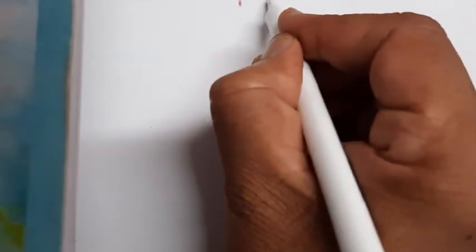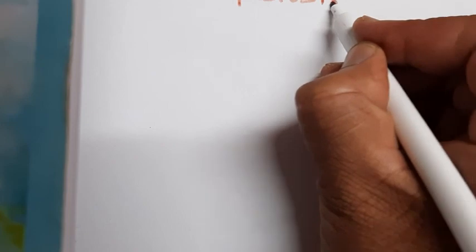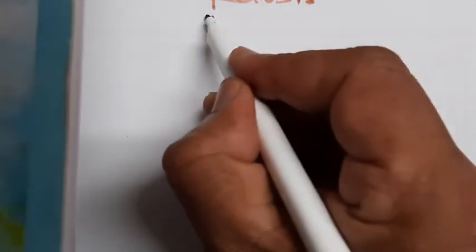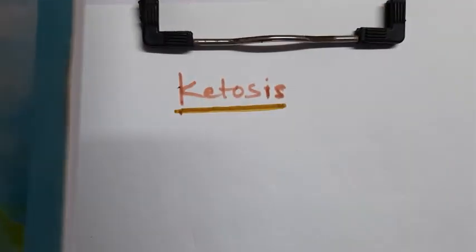The next is ketosis in cow or buffalo. We have already studied ketosis, that is ketone bodies, ketonemia.